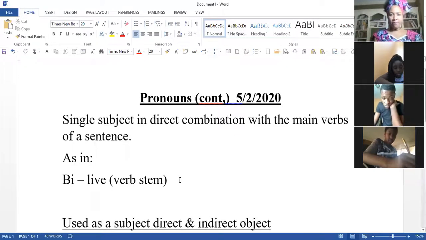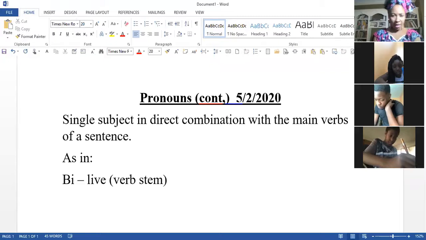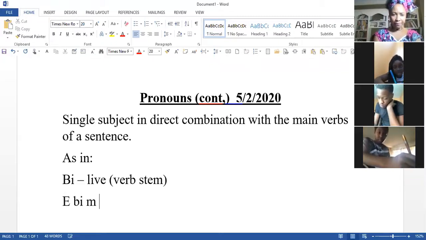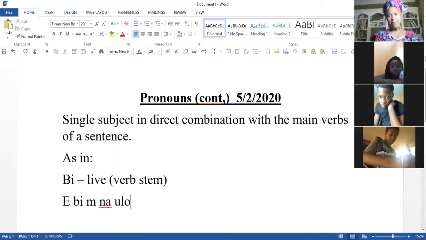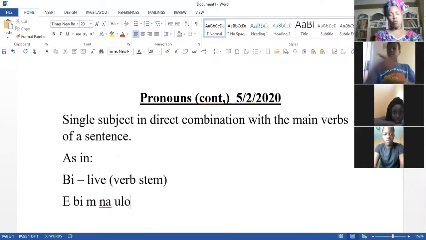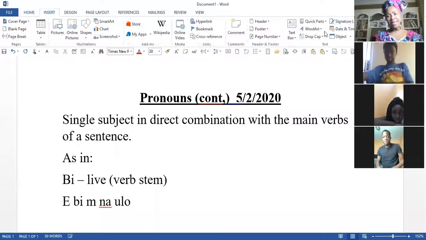Now we're going to make a sentence. Abim na ụlọ. Okay. Abim na ụlọ. When you say Abim n'ụlọ, it means I live in a house. That's basically what you said. I live in a house.